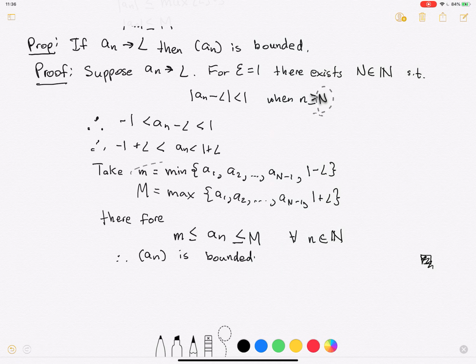Then we found a lower bound for the sequence by finding the minimum of a finite set.